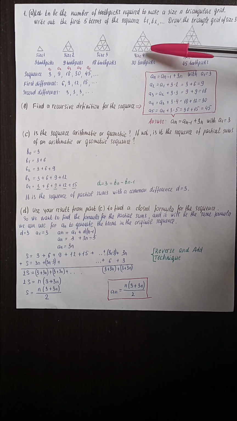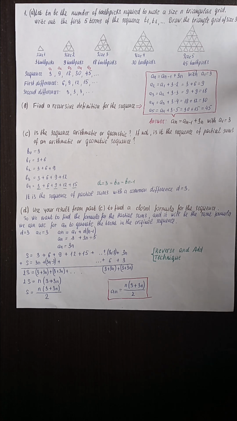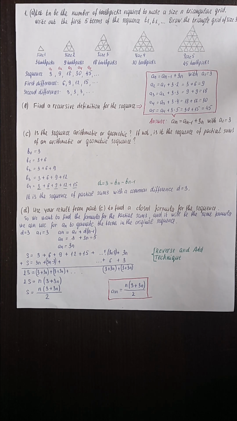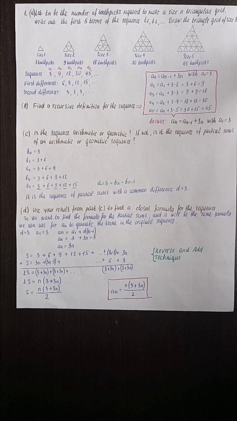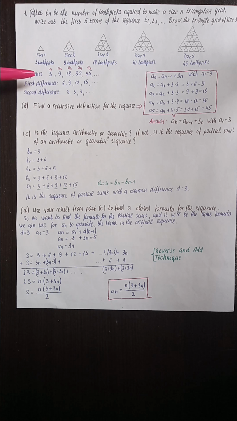For size 4 grid, we will need 30 toothpicks, and size 5 grid, we will need 45 toothpicks. This way we can see our sequence is 3, 9, 18, 30, 45. A sub 1 equals 3, A sub 2 equals 9, A sub 3 equals 18, A sub 4 equals 30, A sub 5 equals 45. So we have our first 5 terms of the sequence.